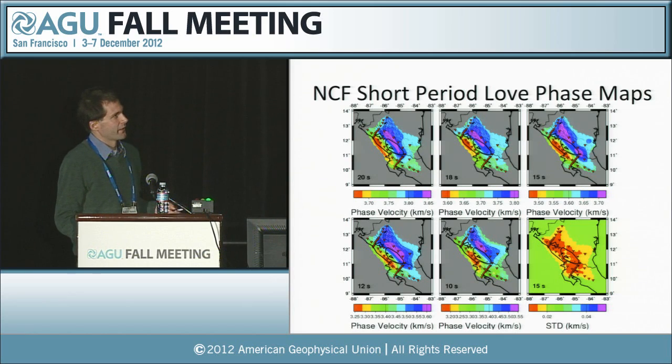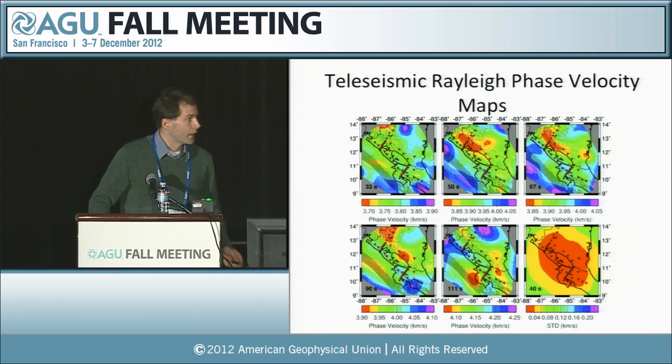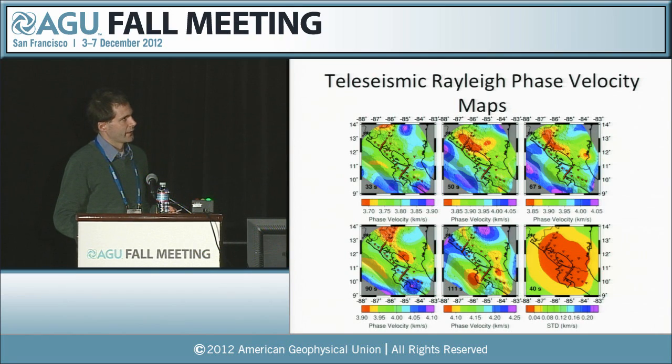And then similarly, we have a similar picture from the Love waves. We see low velocities beneath the arc, and then a higher velocity backarc region. When we go down to the Rayleigh wave phase velocities at 33 to 90 seconds, we see a low velocity anomaly consistently beneath Nicaragua and relatively higher velocities beneath the Costa Rican arc.